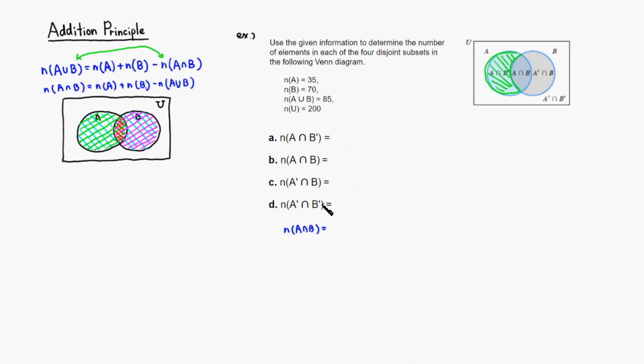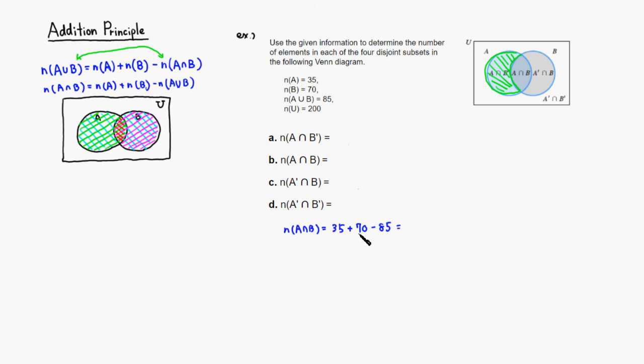The number of elements in A is 35 plus the number of elements in B is 70, and then we subtract the number of elements in the union, 85.